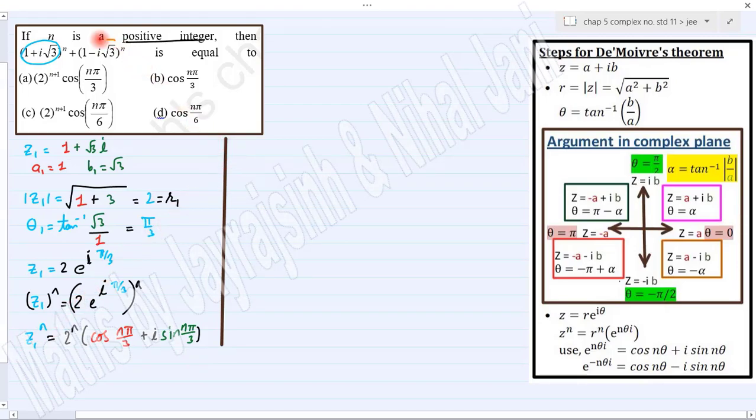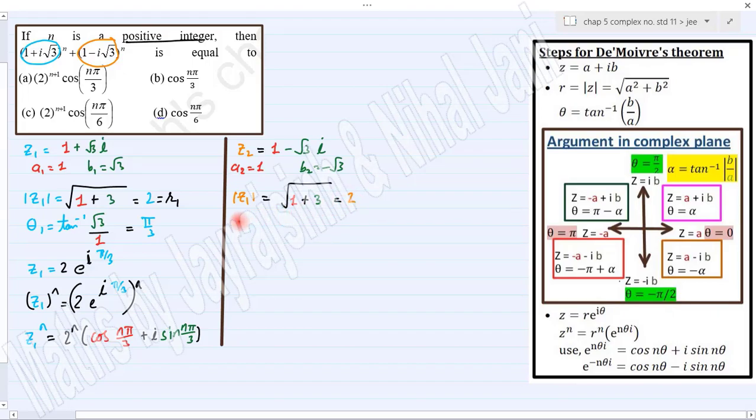Similarly, we can simplify our second complex number, which is z2. Its real part is 1 and imaginary part is minus root 3. So let's say your a2 is 1 and b2 is minus root 3. So we can get the modulus of z2 as under root of real part square plus imaginary part square, which will give us 2.